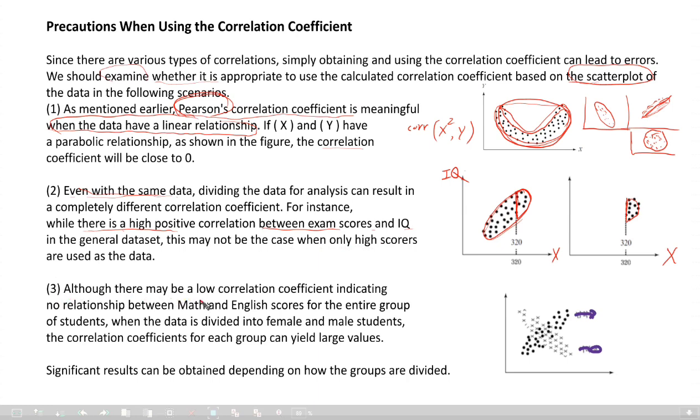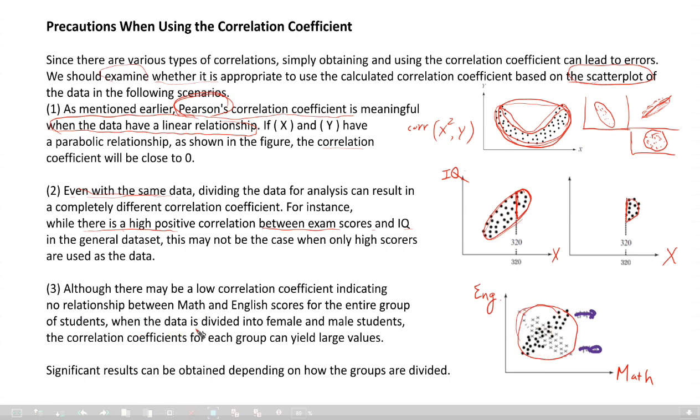Although there may be a low correlation coefficient indicating no relationship between math and English score. This one is math. This one is English score. For the entire group of students, this all data, it is very close to 0.